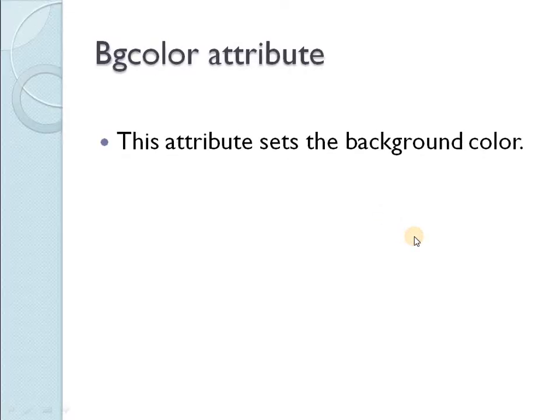Now the BGColor attribute. The BGColor attribute is there to define the background color. With the help of the background attribute, we were able to use any image as the background, but here we will not use images as the background; we can change the color of the background. See how we can change this.